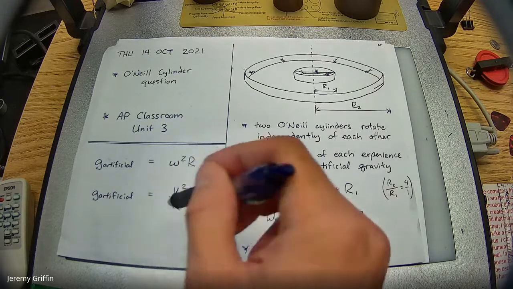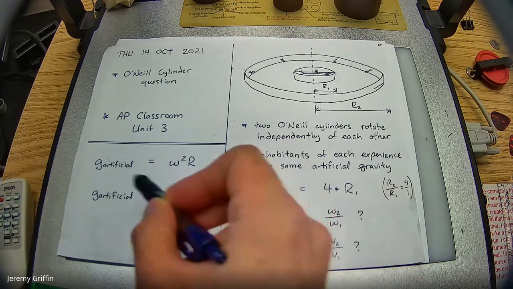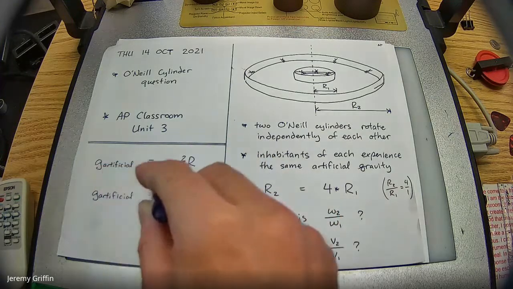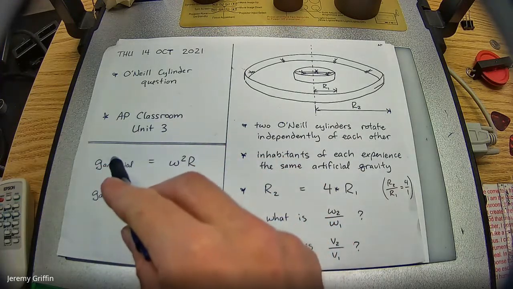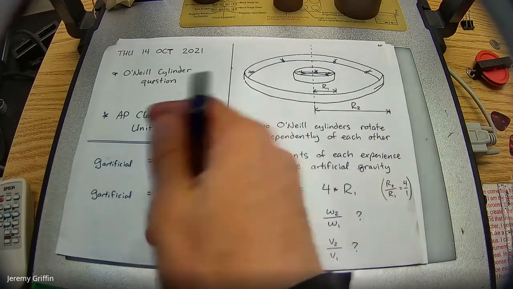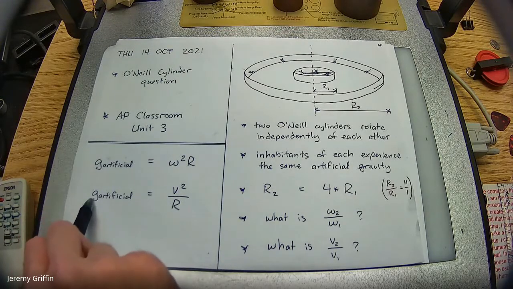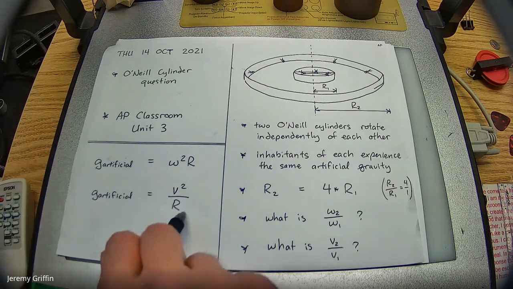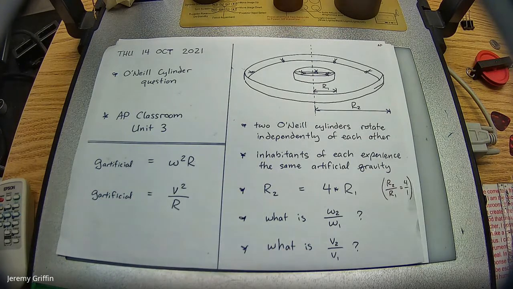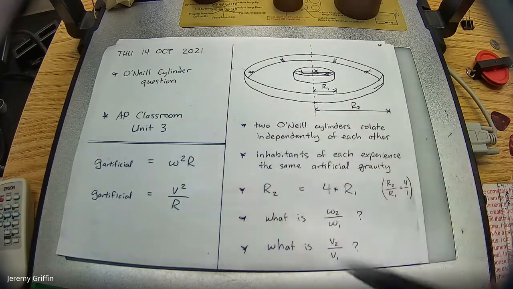And if you substitute in v equals omega r, that should be in your notes from recently, then you can get this other version of centripetal acceleration, which is also the artificial gravity, omega squared times r. So from one perspective, artificial gravity or centripetal acceleration is inversely proportional to radius, but from a different perspective, it's directly proportional. How's that even possible? Well, that's okay because v and omega are related to each other also through the radial size.